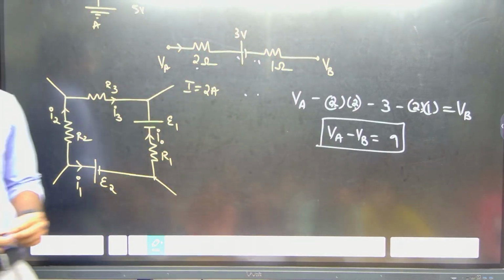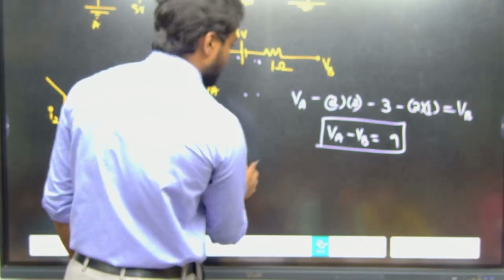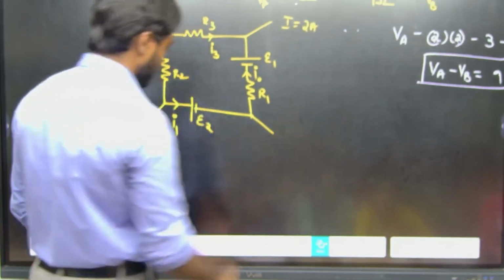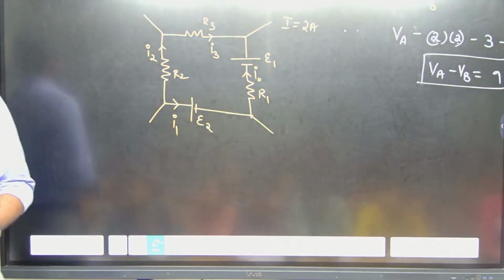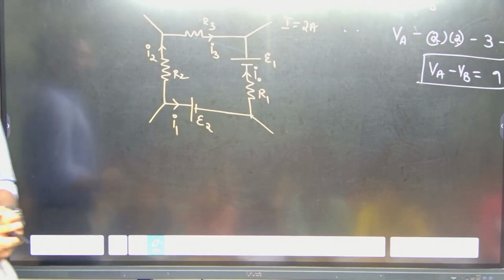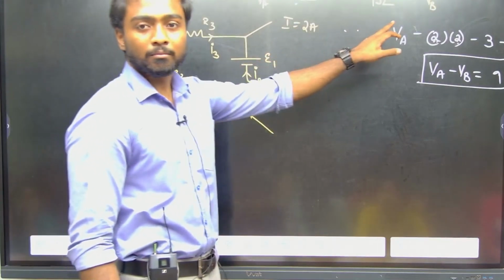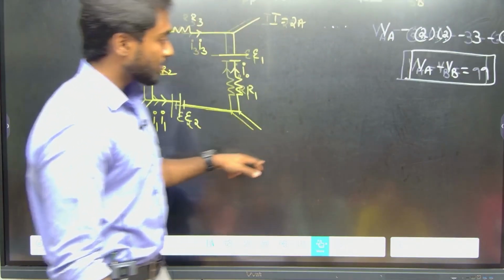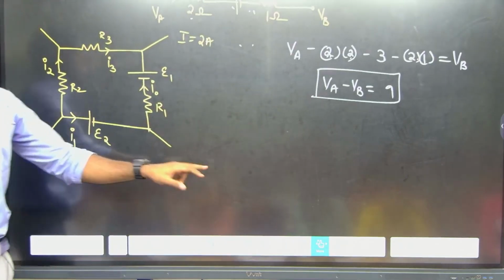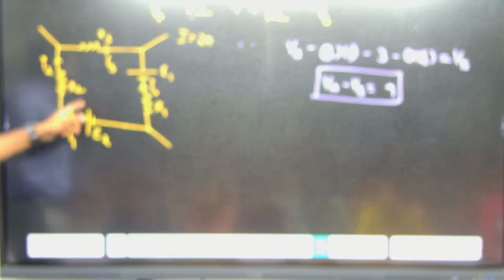Okay. Now this is the question. Listen, don't write anything. Completed this one? If you have not completed, please take down fast. If you try to understand the loop, you can do any problem.